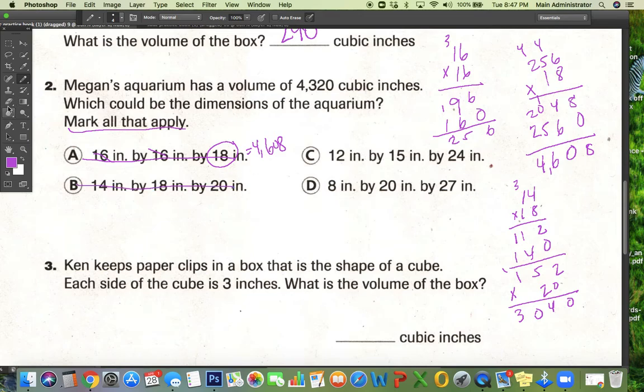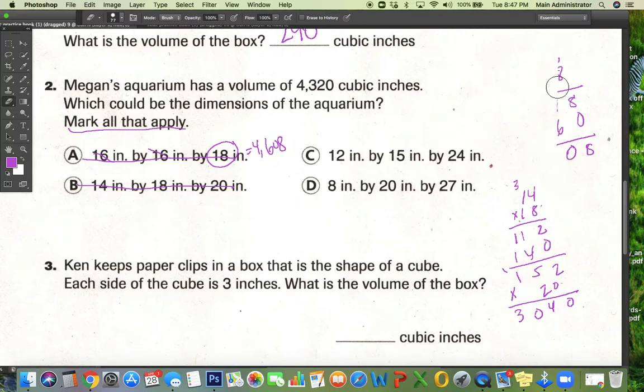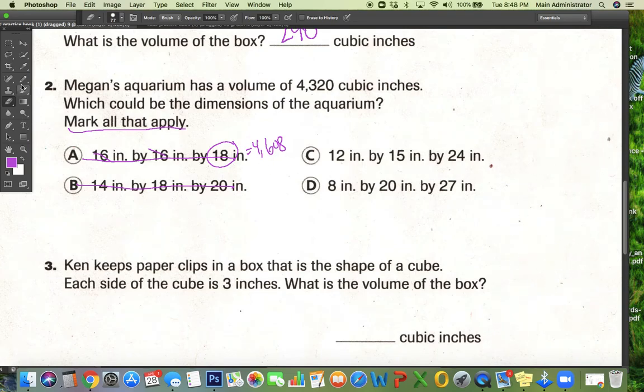I'm going to erase my work here because I don't have room to write. Okay. So C says 12 times 15. Start with those two. 0 is my placeholder.